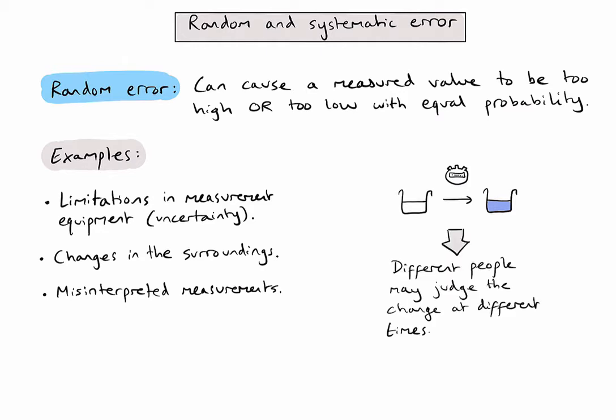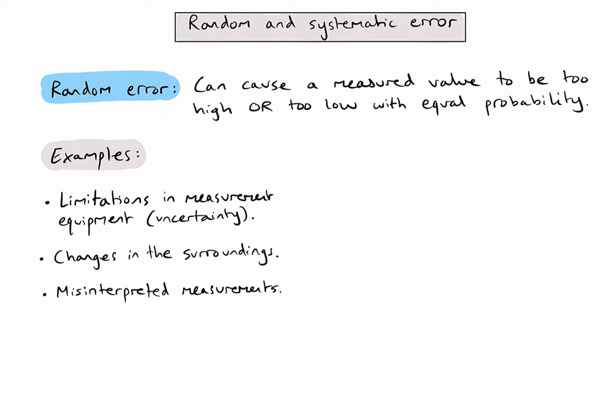Again, we consider this a random error because some people might judge the point too early, some perhaps too late, so my time can vary above and below the true value. This is probably controllable by, for example, making the same person judge that colour change each time.